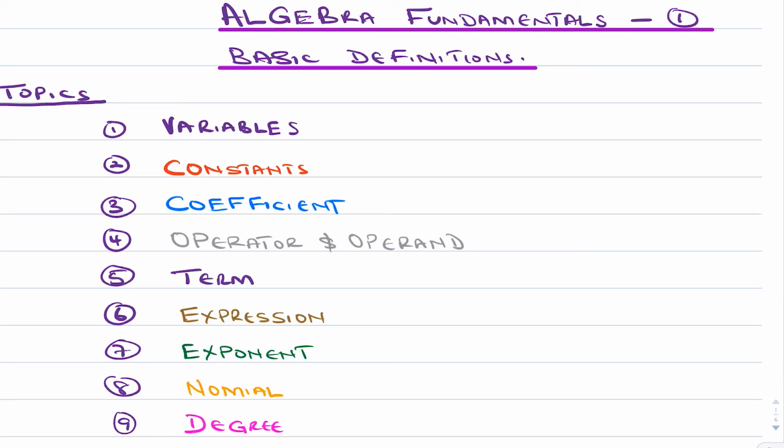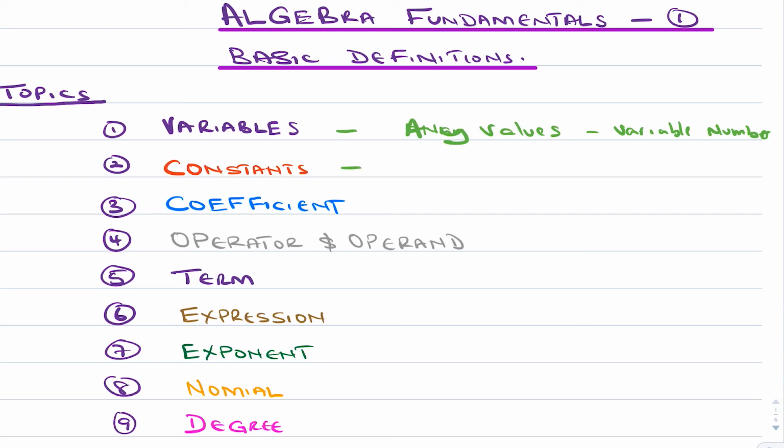Right, so now we've covered all 9 of them. We know what variables are. Variables are variable numbers. They are letters or placeholders that can have any values, or you might call them variable numbers.